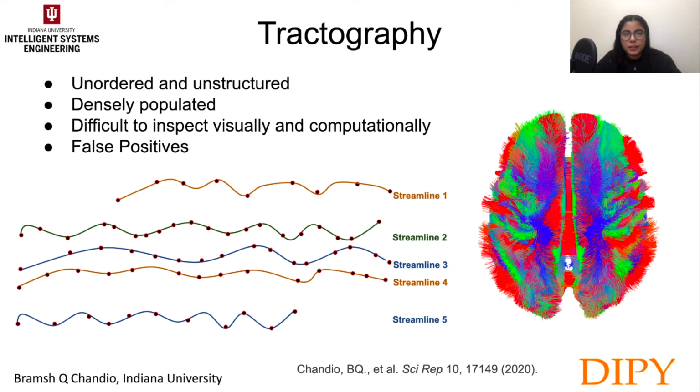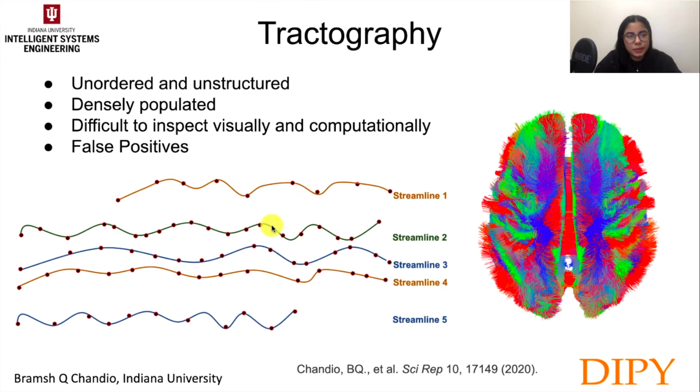Diffusion MRI is given to the tractography algorithms and it generates whole brain tractograms, which give us a digital representation of white matter pathways. However, tractography data is unordered and unstructured, and densely populated, creating up to 1 or 2 million streamlines, which becomes very difficult to inspect visually and computationally. It also creates a lot of false positives.